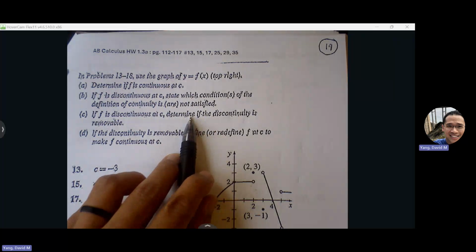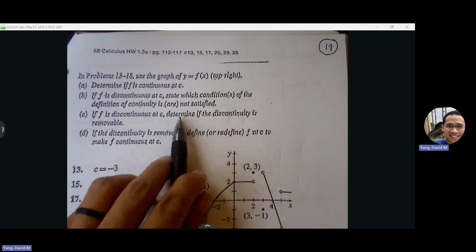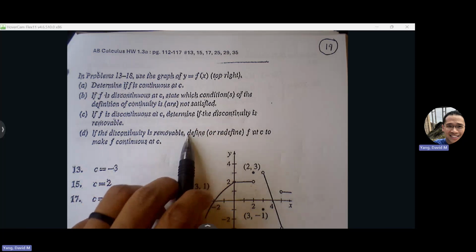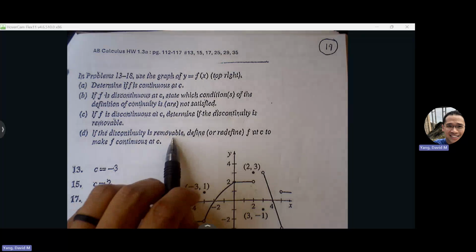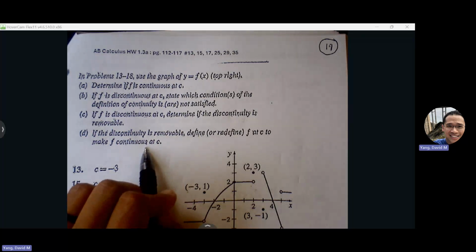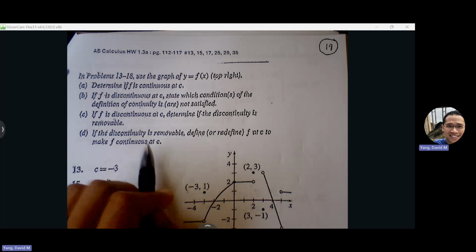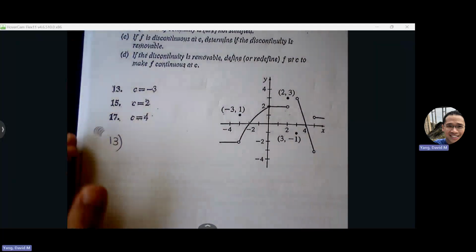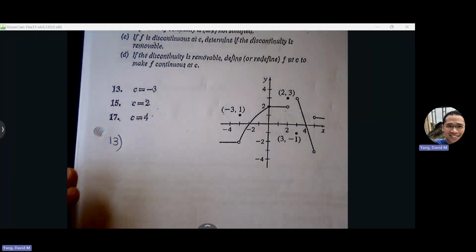If discontinuous, state whether it is removable or non-removable, and if it is removable, just like the previous problem, what can we redefine the point to be so the function becomes continuous? So let's do 13. And the graph is in front of us, so we already know what we're working towards.